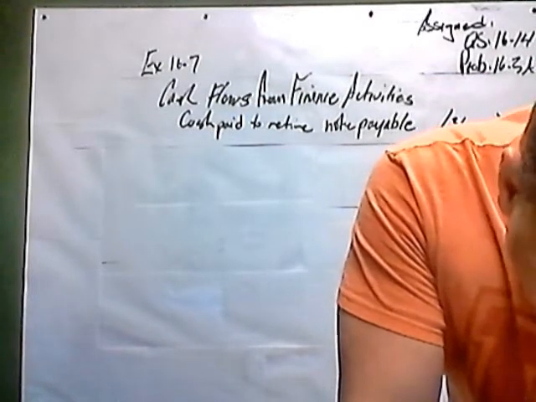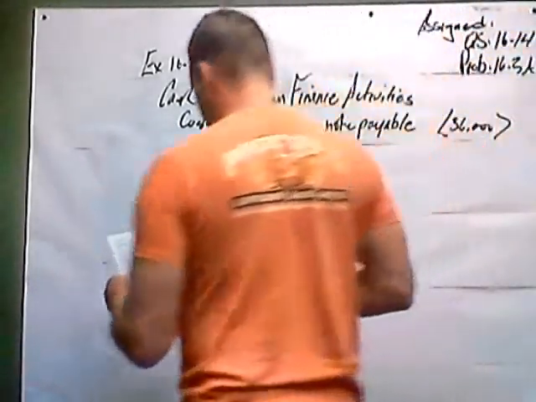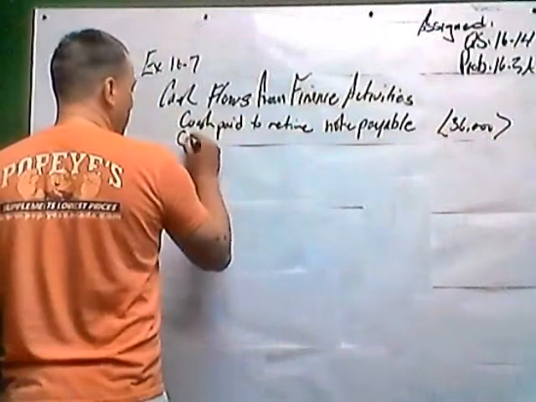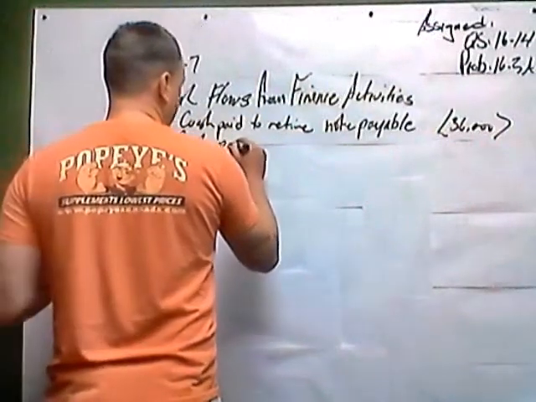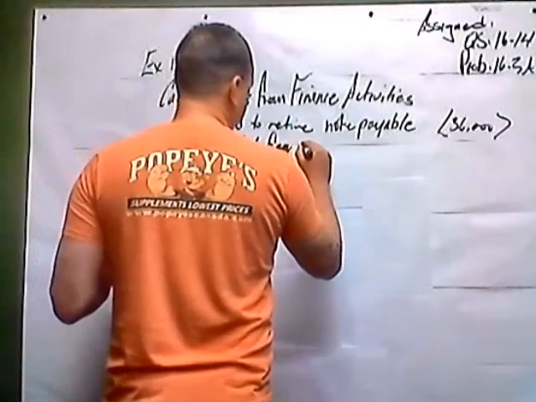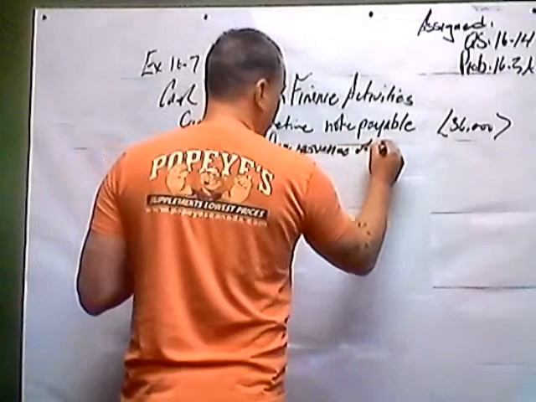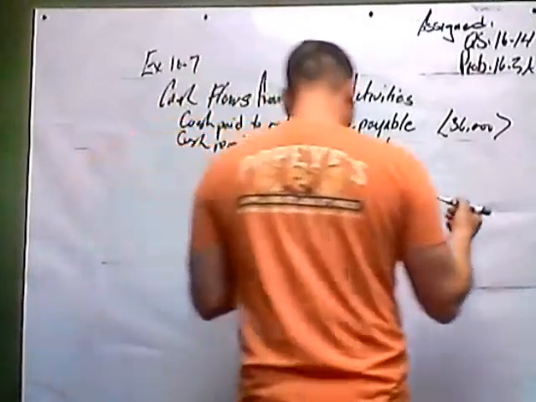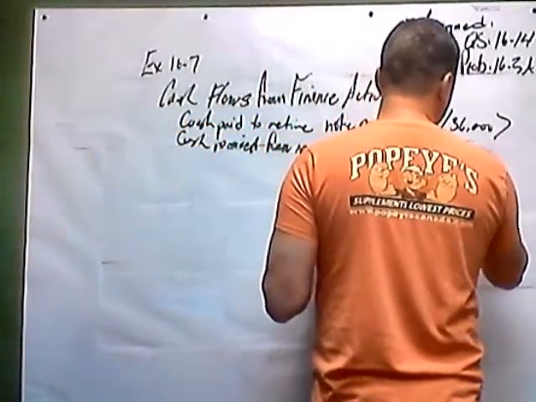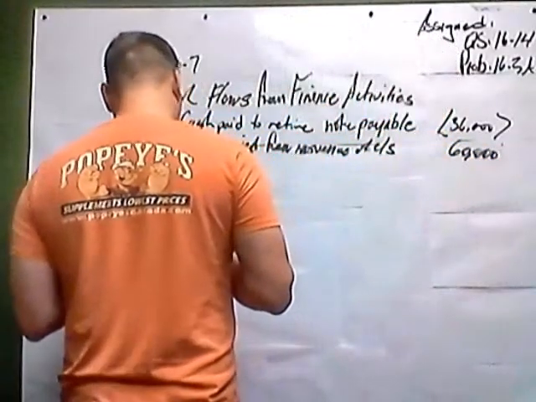That must have been a share issuance, $60,000. So cash from issuance of common shares. It went up by 60,000. And lastly, we must have paid dividends.